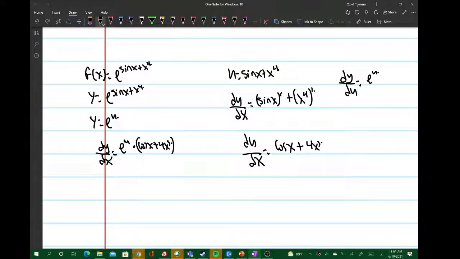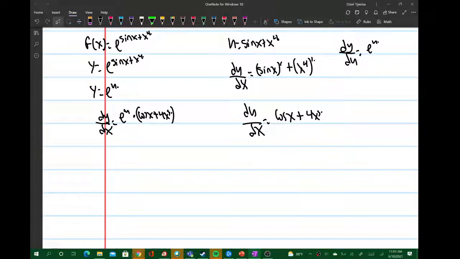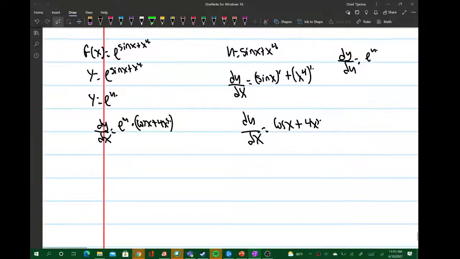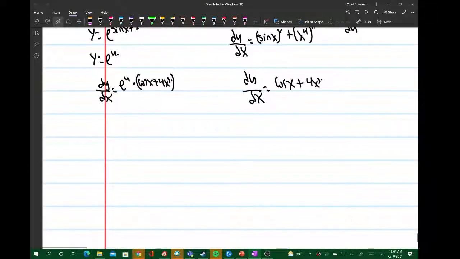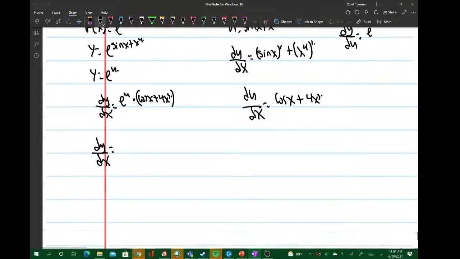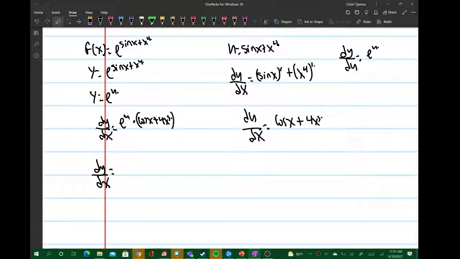Now, what is u? u is just sine of x plus x to the fourth, right? So basically, you substitute u back in. So dy dx is e to the sine of x plus x to the fourth times the cosine of x plus 4x cubed.